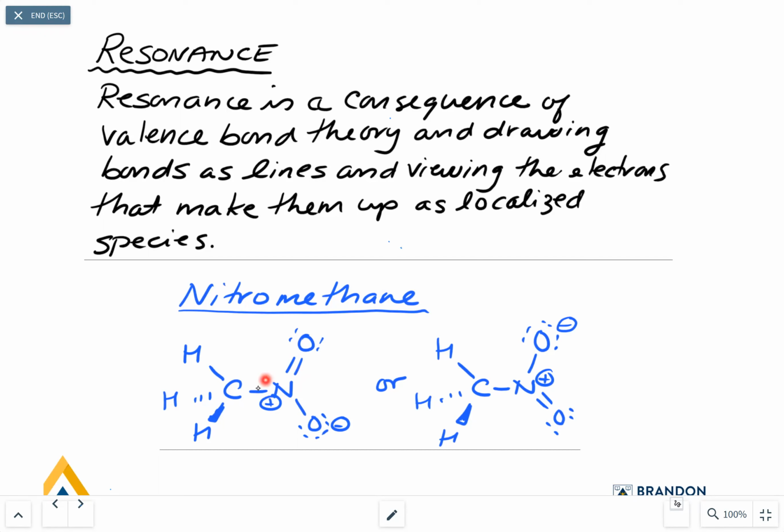So if nitrogen's got 4 bonds, this would mean that from a hybridization perspective, one of these bonds to oxygen would have to be made with p orbitals. So we've got a pi bond here. So we've got 1, 2, 3 sigma bonds, which means we would have 3 hybrid orbitals, which means that this nitrogen would have to be sp2 hybridized because it's got this 1 pi bond.